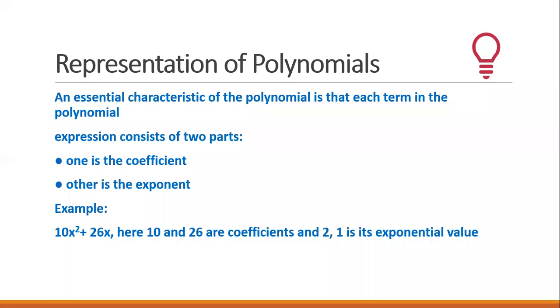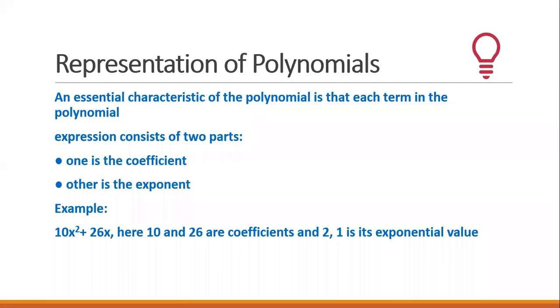In 10x square, the power of x is 2, whereas in 26x, the power of x is 1. So 10 and 26 are your coefficients, and 2 and 1 are its exponent values. So this is an example of a polynomial.